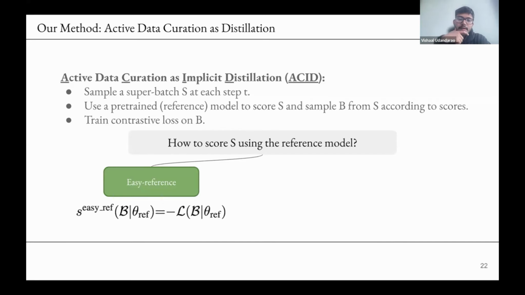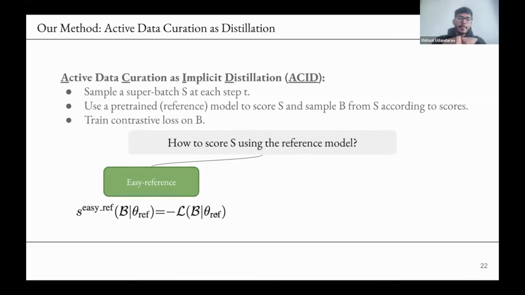The first way is what we called easy reference. In this, the score that we give to each sample is essentially the negative loss that the teacher model gets on that particular sample. Here theta ref refers to the weights of the teacher.